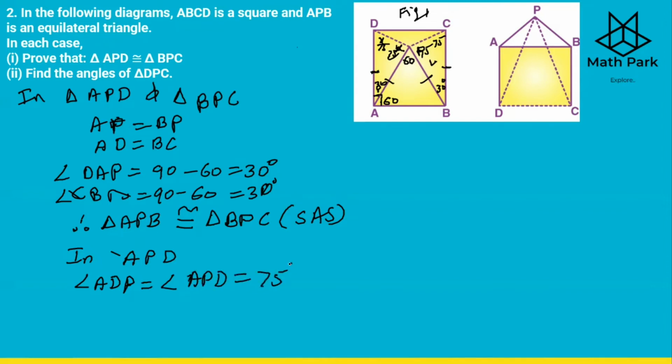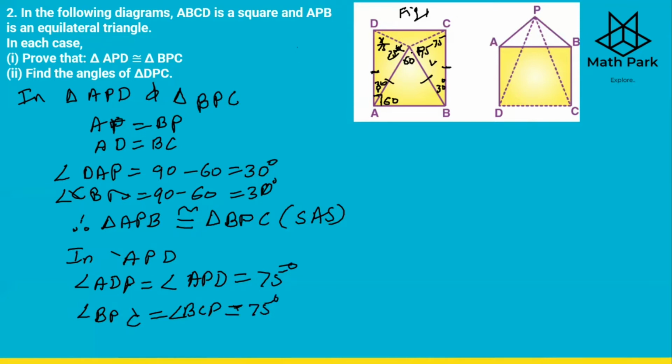I hope you understood how we did that. And similarly, you are getting these two angles also 75 degrees. And also you get angle BPC is equal to angle BCP is also equal to 75 degrees. Now we have to get a complete angle.